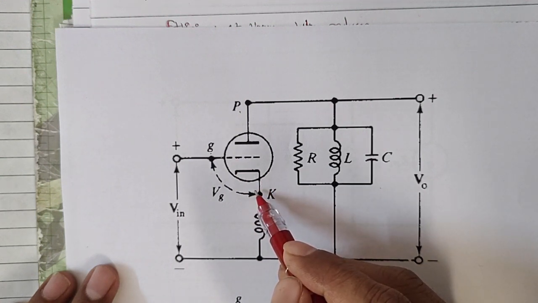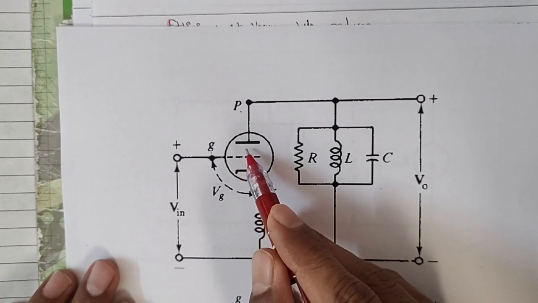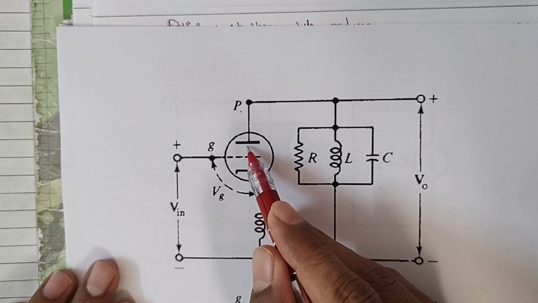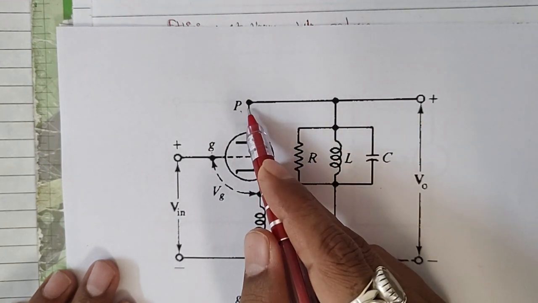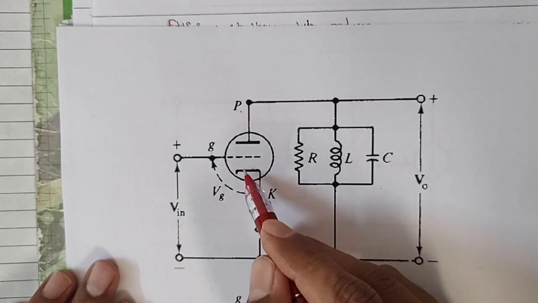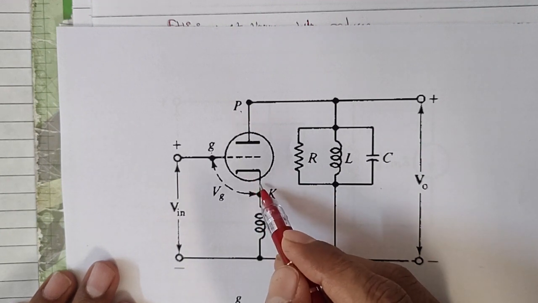Once they have reached the grid, electrons will be quickly absorbed or attracted by the high positive potential plate. So that is why transit time is time required for electrons to reach grid when they have started from cathode.